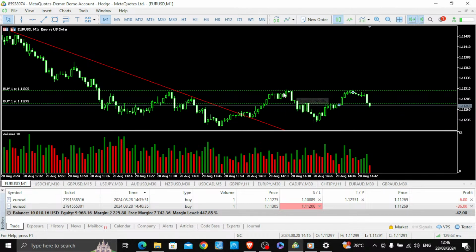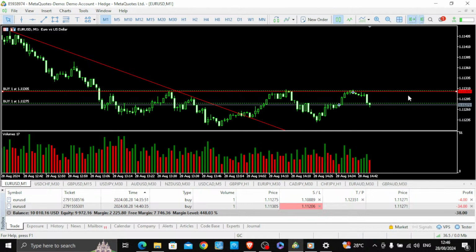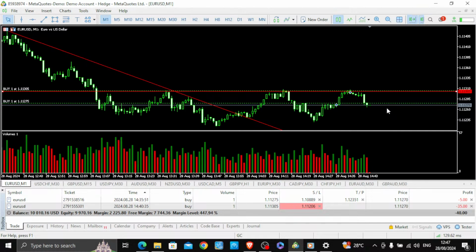So the change of character, what we mean is, if this price is moving up and it goes convincingly above this area, let me mark it, 1.1130, if it takes it out, we can now wait for an entry. If you want to play based on this 1 minute, okay.